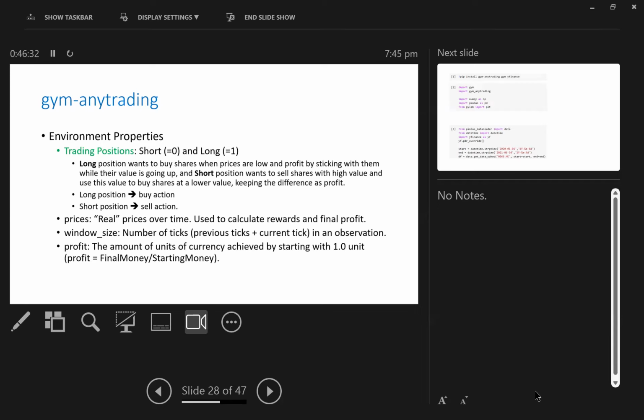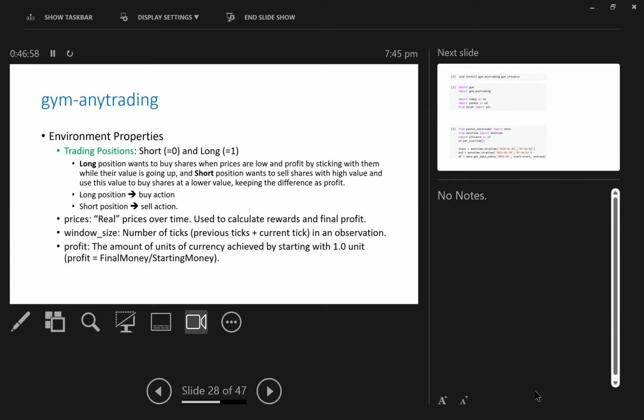Basically, out of these thousands of stock prices, we need to chop it into chunks of trading days. Okay, and the number of trading days in each chunk is called a window size. So you can imagine that we have a sliding window of size, say for example 10.